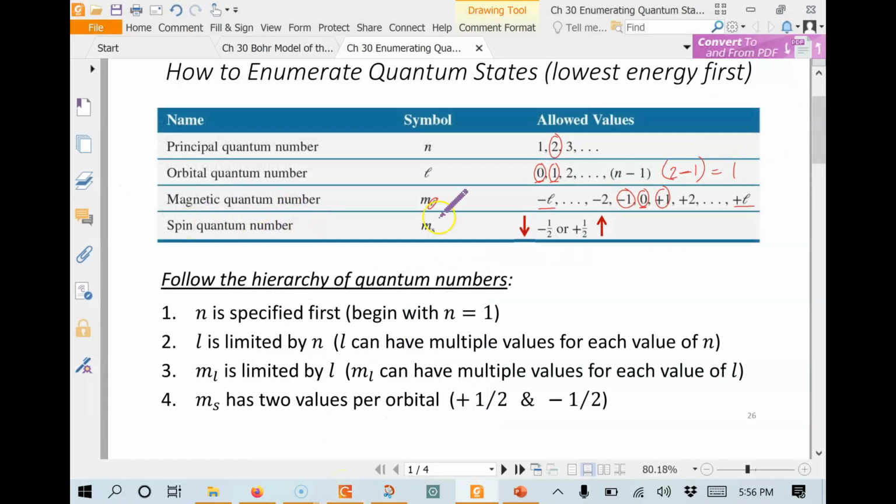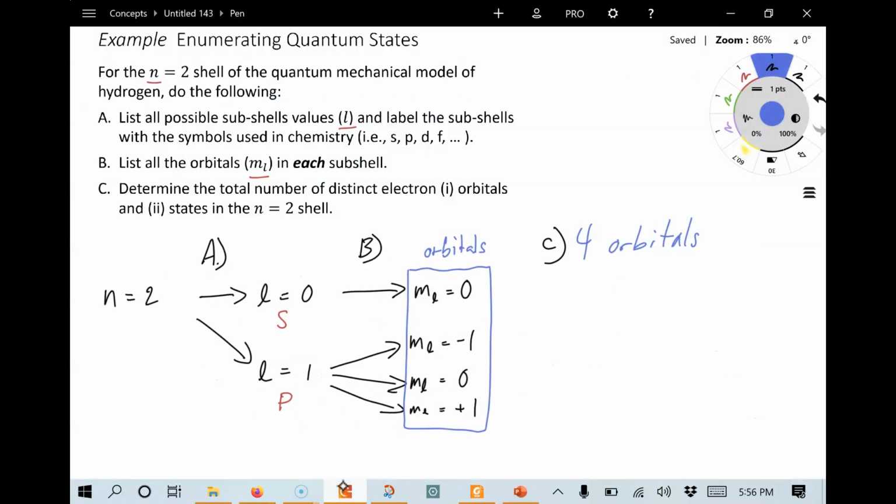So the spin quantum number m sub s, minus 1/2 or plus 1/2, relates to the electron spin up or down. You can have 2 possible states of the electron spin per orbital. So that duplicates the number of orbitals by 2 to get the total number of electron states. So this times 2, spin up or spin down for each orbital, that's going to give us 8 distinct quantum states.